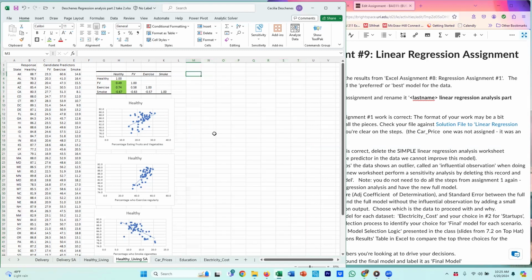And I dropped that influential observation and took it out of the data set, and I copied it here because you don't want to just mysteriously delete things. Okay.